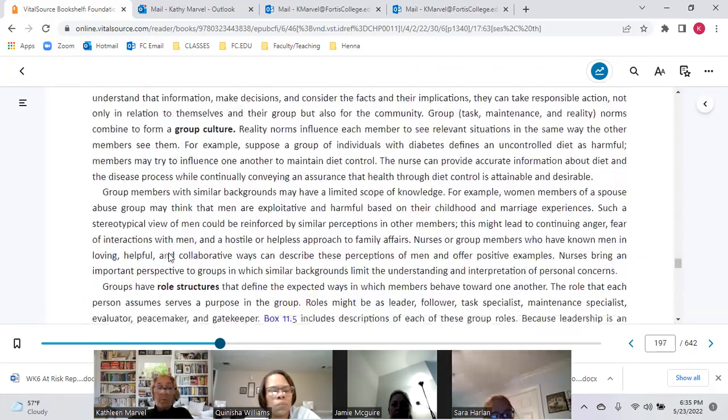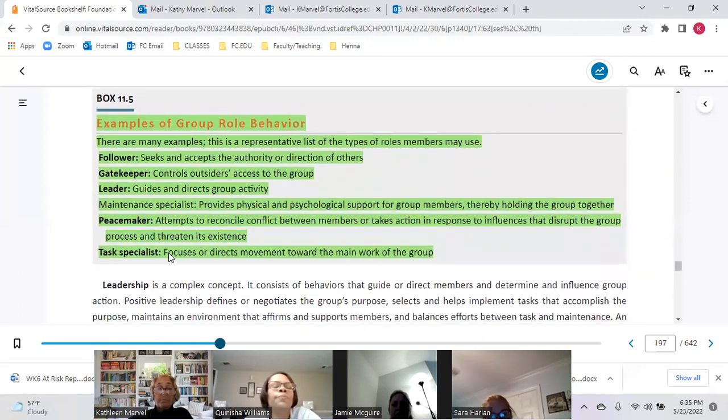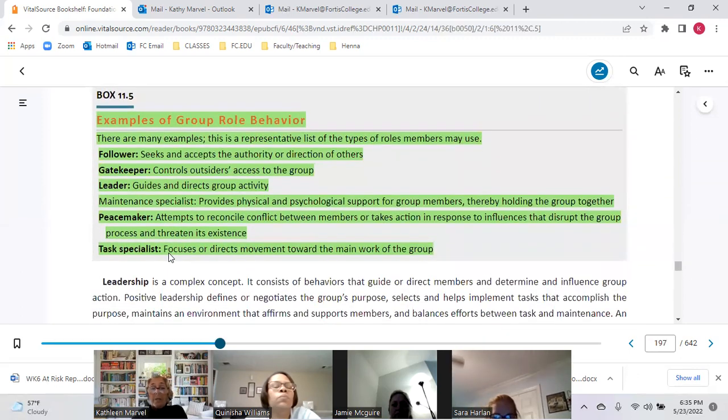We don't need to go through this part, but I do want to review this. So let's say you're working in a group like you have been, with a couple of projects during this term in this class. I just want to review examples of group role behavior. So in a group, these are kind of formal names, but think to not only the couple of group projects you've just done, but also other group projects you have done in other classes.